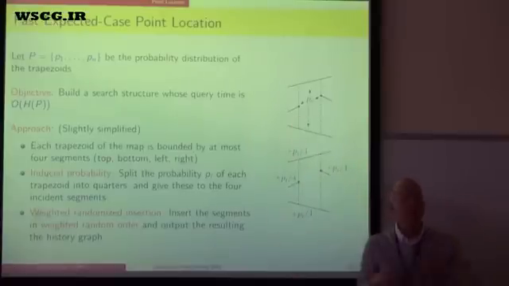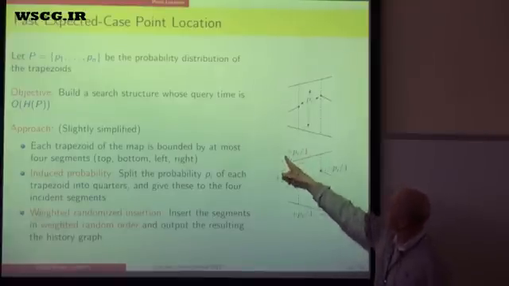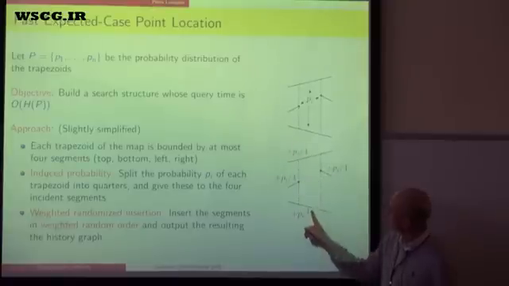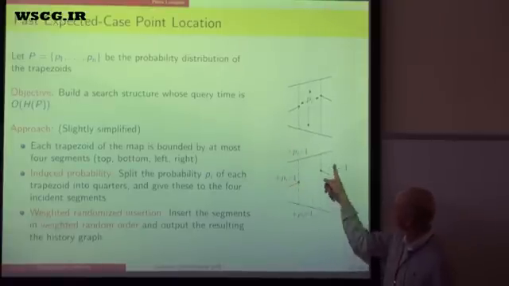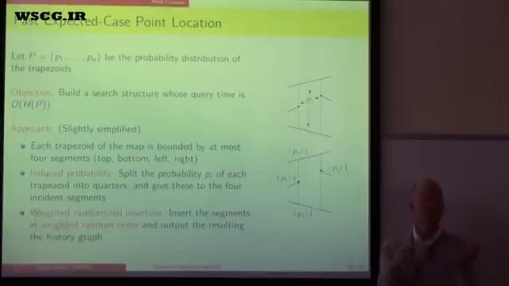If a region is important, every one of these things has to be inserted into my data structure. If this guy has very high probability, I want all four of those things to be inserted very quickly. So let's assign a quarter of the probability to this one, a quarter to this one, a quarter to this one, and a quarter to this one. Now, in general, a line segment is going to be incident to many different trapezoids. It accumulates all the weight from all the trapezoids that are touching it, and that's going to be the probability induced upon this line segment.